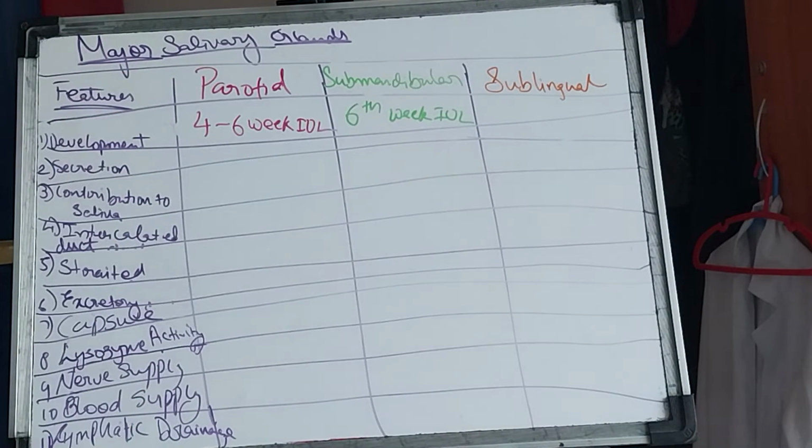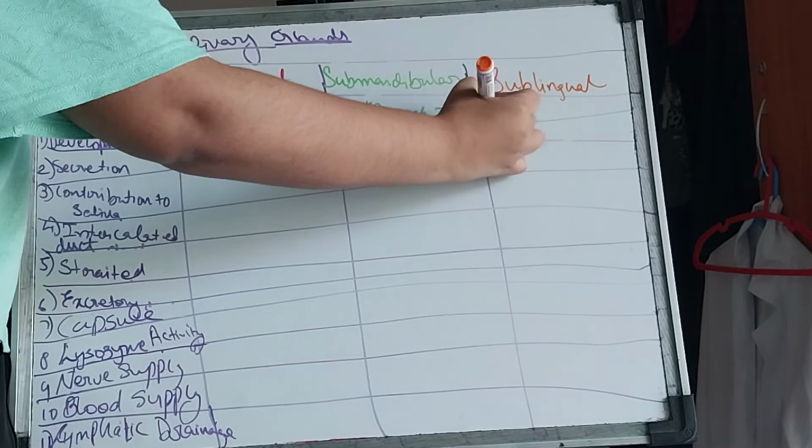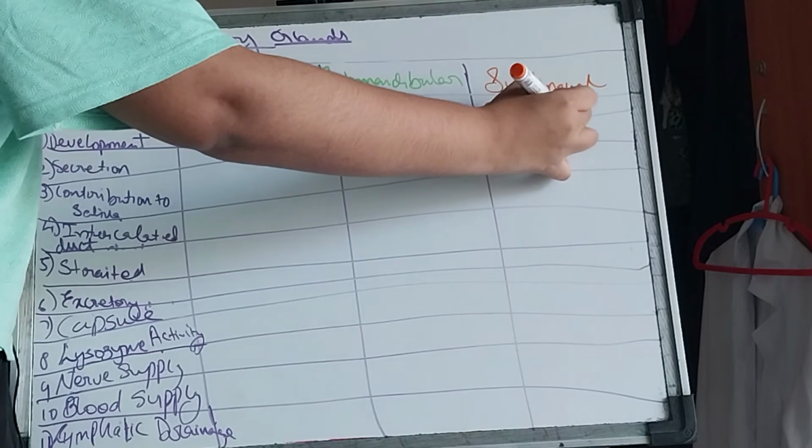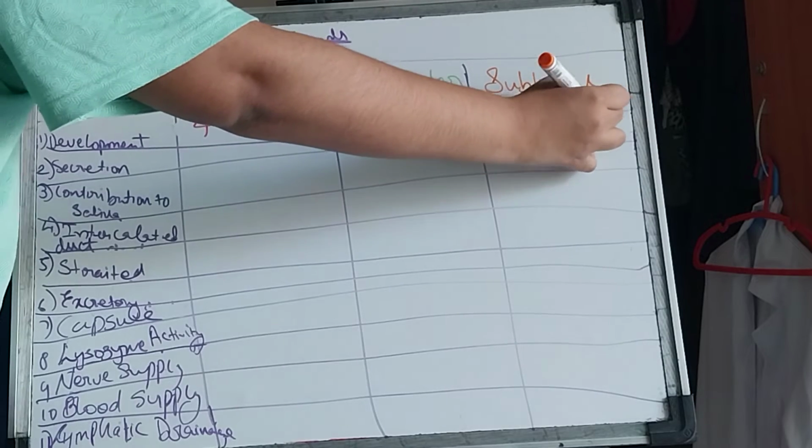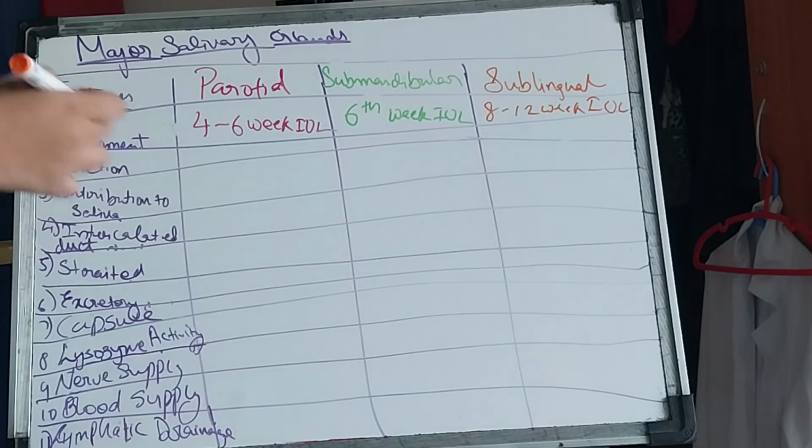You know, during the stage of development, it comes in embryology. And the sublingual gland, last, at 8 to 12 weeks of intrauterine life.